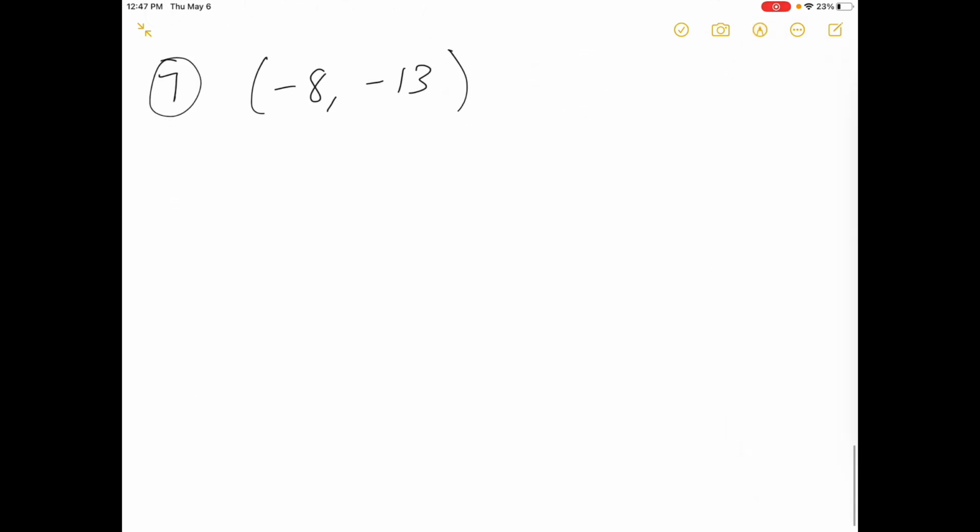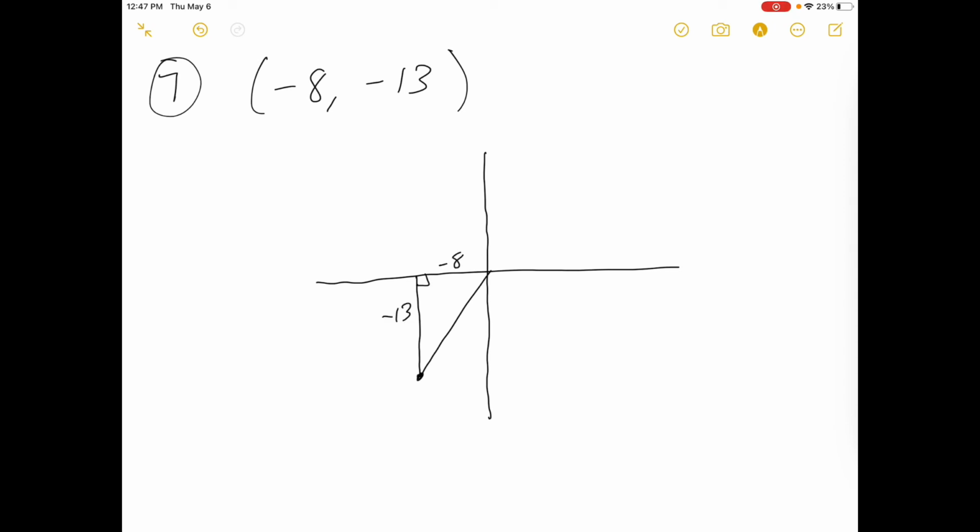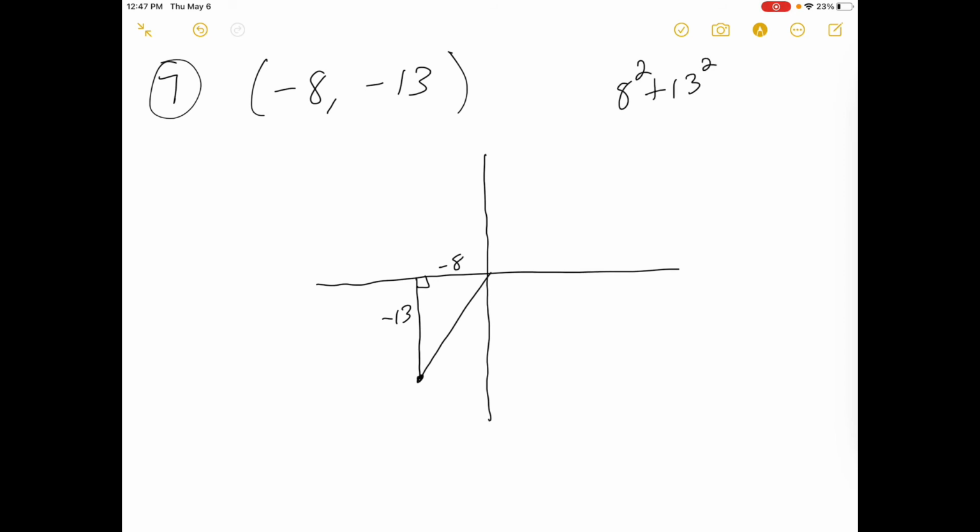Okay, this will be our final example. This is not a triple. It's not on the unit circle. And so when we graph it, negative 8, negative 13, we need to do the Pythagorean theorem to find our radius, or hypotenuse. Our radius squared, so 64 plus 169 equals r squared.